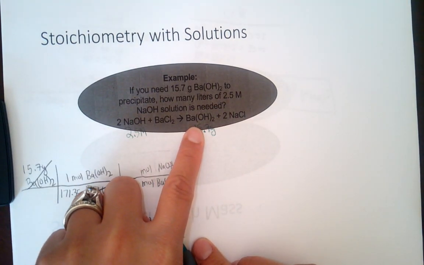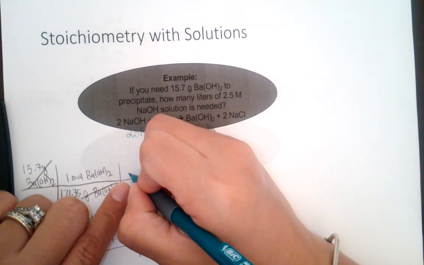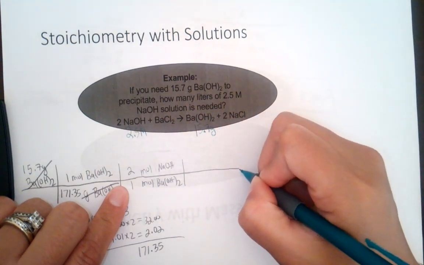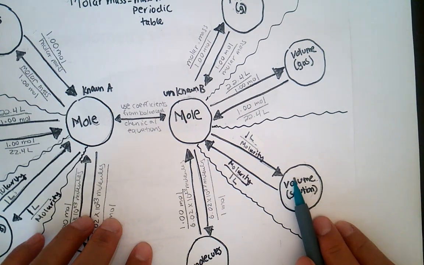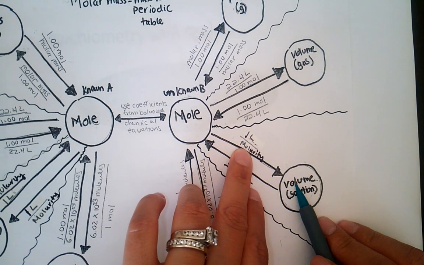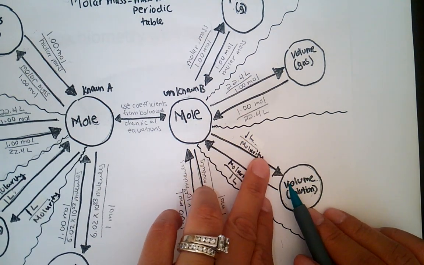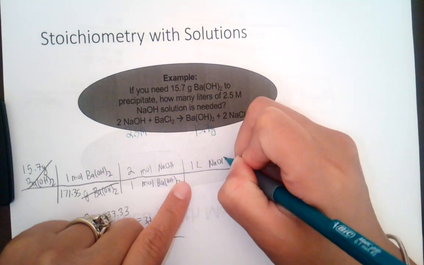So BaOH2 does not have a coefficient, that means it's a coefficient of 1. NaOH does have a coefficient, that means it's a coefficient of 2. So now I am here, and now I can move down here. So it's always going to be 1 liter over the molarity. That means that 1 liter always stays, since I'm going down, it's going to be 1 liter of NaOH over the molarity.